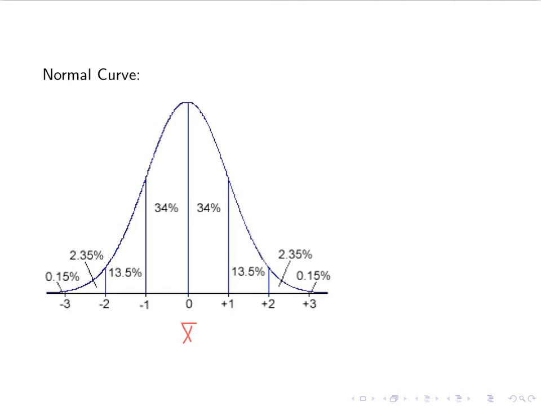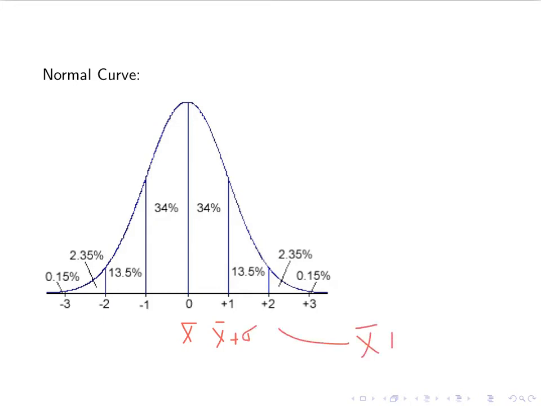So again, the 0 corresponds to x bar, and then the plus 1, plus 2, plus 3 to the right, the negative 1, negative 2, negative 3 to the left, are telling me how many standard deviations I'm adding to the mean. So the plus 1 means I'm taking the mean and adding 1 standard deviation.